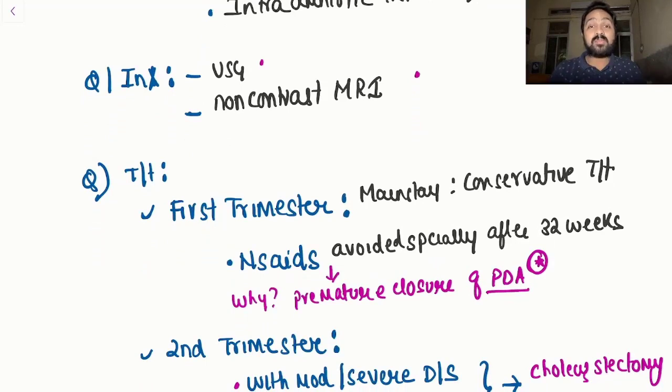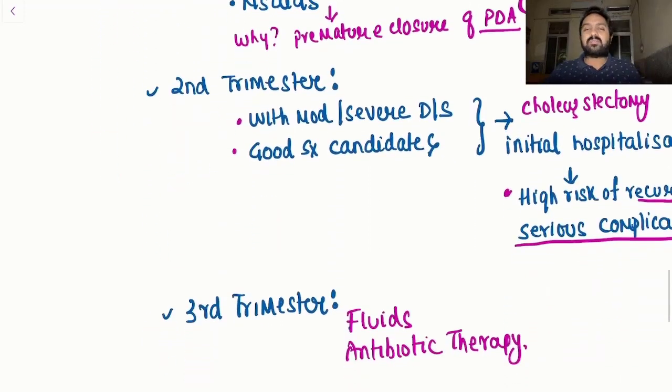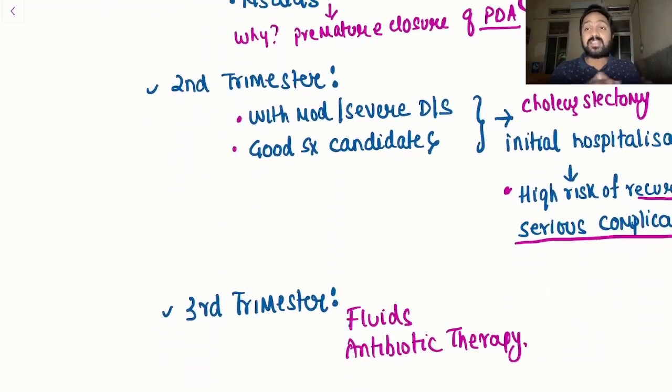NSAIDs are avoided because they cause premature closure of the PDA, specifically after 32 weeks. In the second trimester, there are high chances of complications in the subsequent period, so cholecystectomy is usually done in the initial hospitalization. In the third trimester, you would generally manage with fluids and antibiotic therapy and re-evaluate after delivery, and the waiting period is usually 6 weeks.